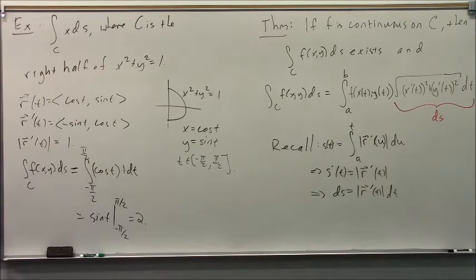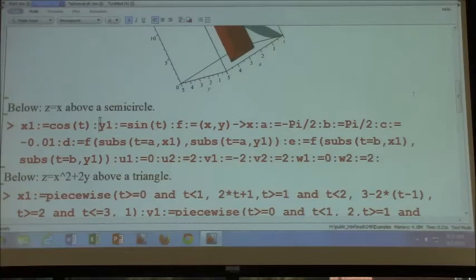And let's look at a graph of this in Maple and see if that's plausible. I have set up Maple so I can give it my particular curve and points of interest, and Maple will graph it using a generic command called above. So here's the problem we're just looking at: z equals x above a semicircle. We've got x is cosine t, y is sine t, f is just x.